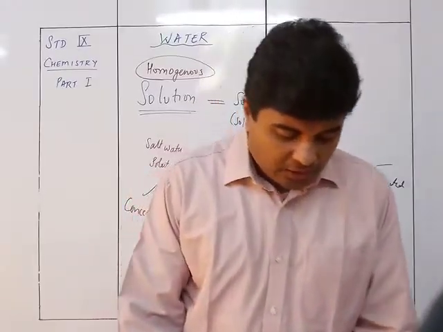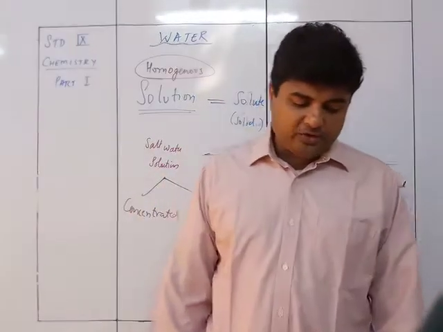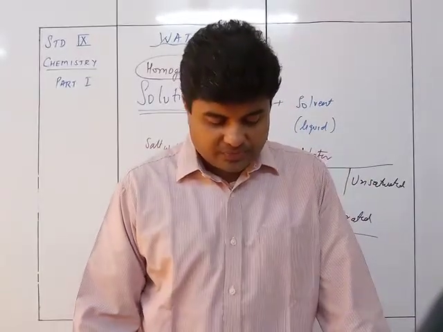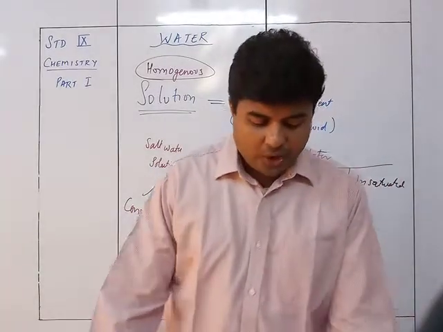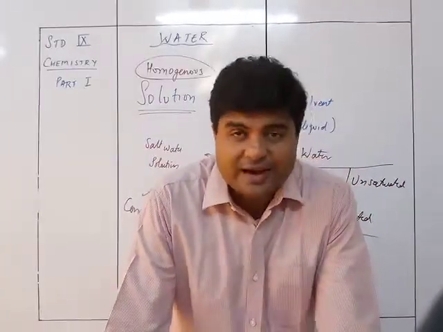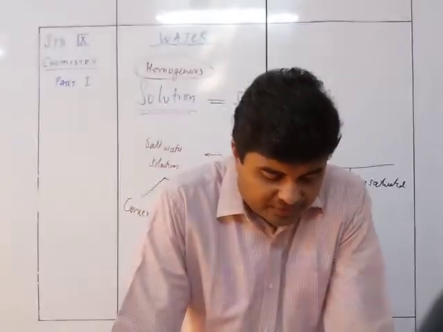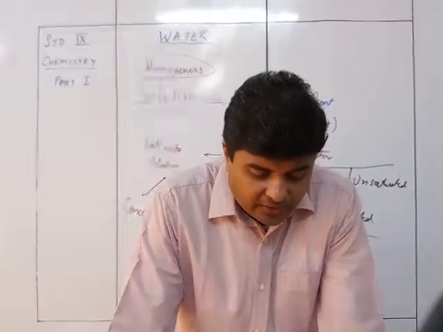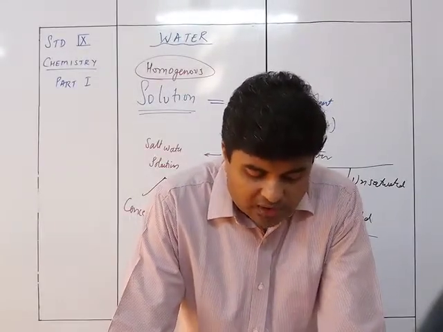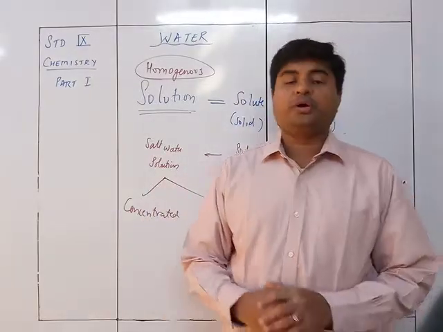Exceptions over here. With certain substances, Na2SO4.10H2O, it is possible to cool a saturated solution without excess solute crystallizing out, provided no undissolved solids are present. So this is an exception: for Na2SO4.10H2O, that is sodium sulfate, it is possible to cool a saturated solution without excess solute crystallizing out.